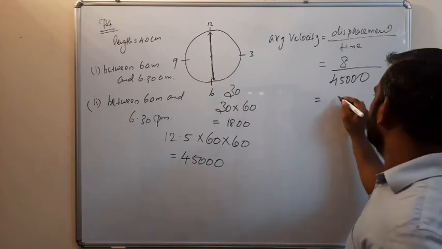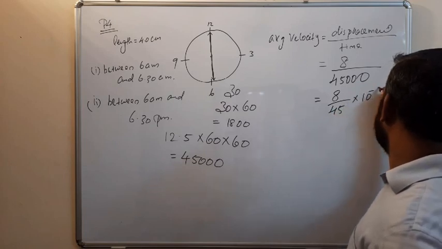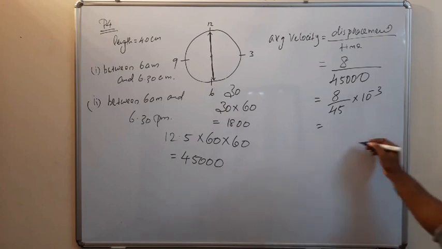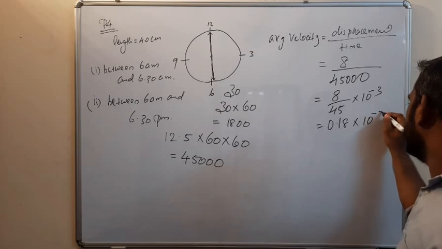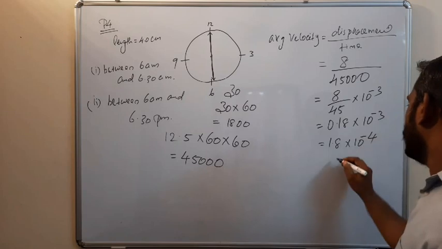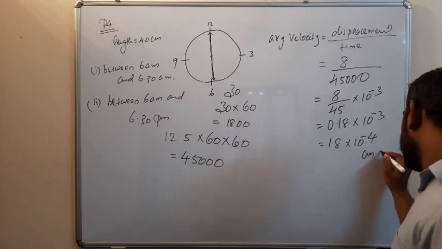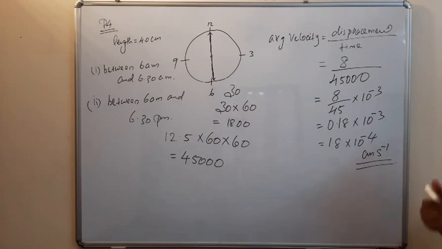So that's equal to 8 divided by 45 into 10 to the power 3. Clear? That's equal to 0.18 into 10 to the power minus 3. So 1.8 into 10 to the power minus 4 centimeter per second. That is the answer. Clear? Okay.